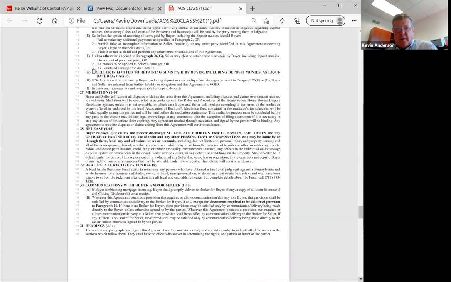Believe it or not, paragraph 29 is a mandatory disclosure item for real estate licensees in the state of Pennsylvania. You must tell, or the rules say you're to tell buyer and seller that there's a real estate recovery fund that exists to reimburse any persons who have obtained a final civil judgment against a Pennsylvania real estate licensee, their affiliates, due to whatever, and you're unable to collect from the individual or agency.